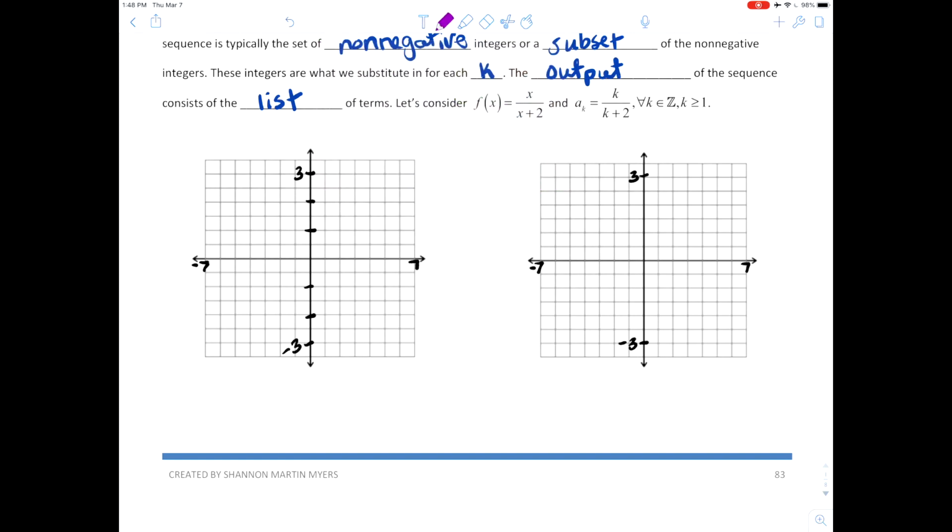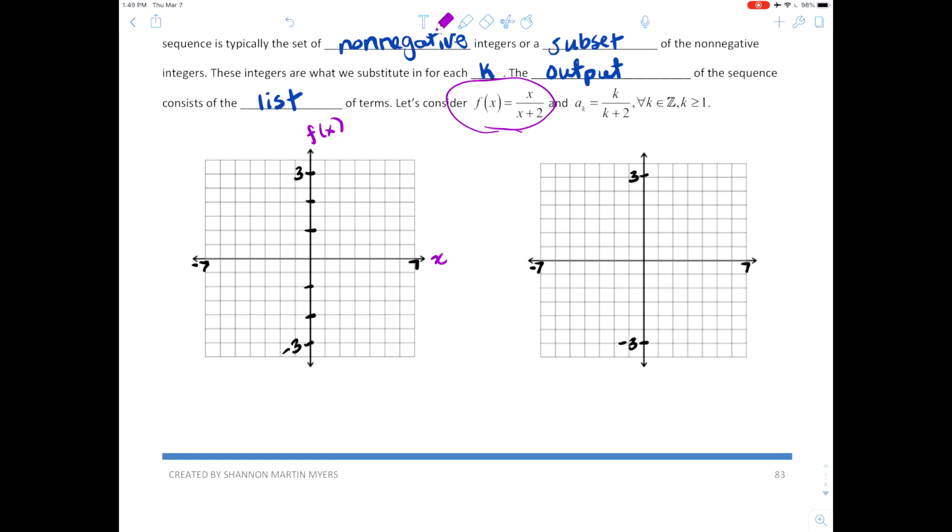Completing the labeling, let's first work on f at x. The input is x, and then the output is the y value that corresponds to that x value you put in. Here there is a domain issue. What is excluded from this domain? X can't be negative 2. Why? Because x equal to negative 2 yields a 0 in the denominator.